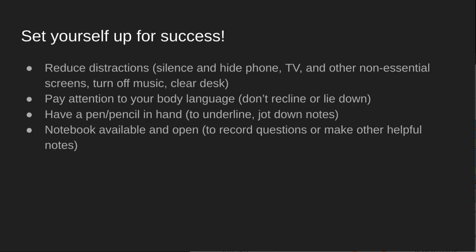So when we're reading actively, there are some things that I want us to do in order to set ourselves up for success. You're going to hear me use this phrase a lot this semester: set yourself up for success. Now, if we're setting ourselves up for success when we're reading actively, these are the things that we want to do in order to create the conditions for success to occur.